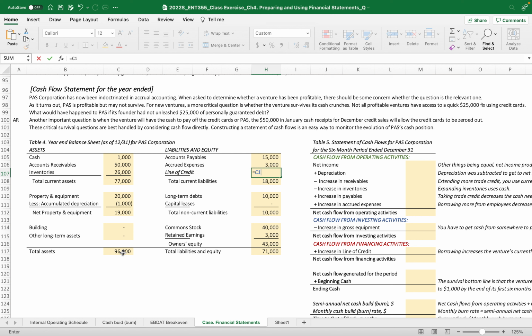This 96,000 total asset minus all the liabilities, right? We can just put simply this is the sum.